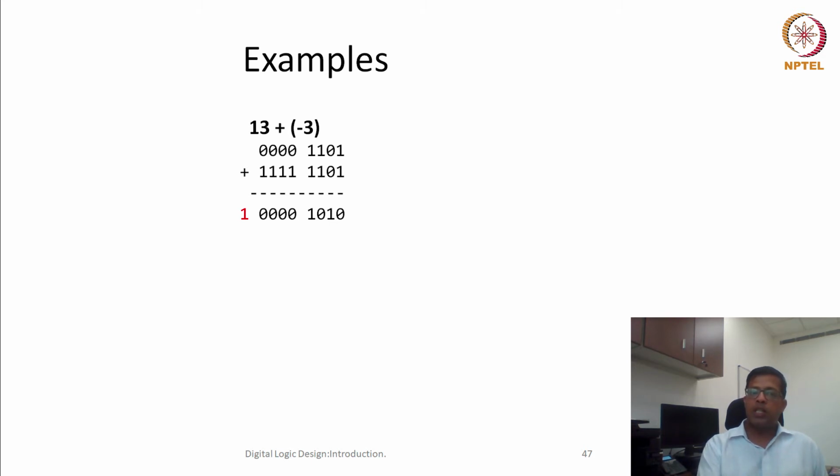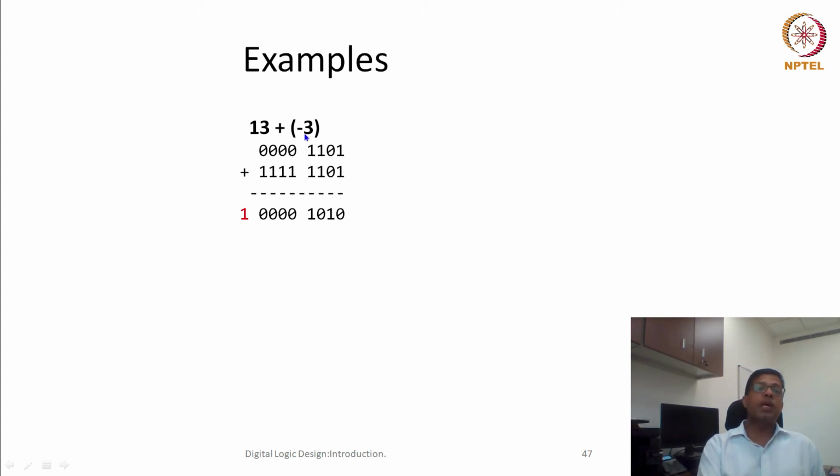First I represent 13 using 2's complement. Because it's a positive number, I need not do anything for the sign bit, and 13 I would represent as 1 1 0 1, appending the rest of the most significant bits as 0. Now I want to represent minus 3.